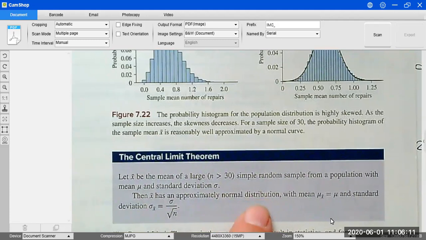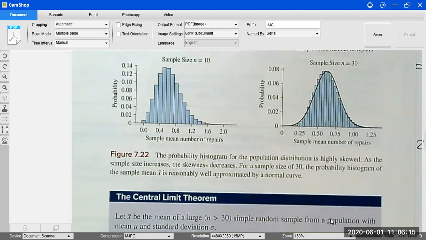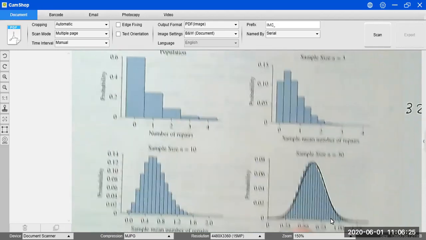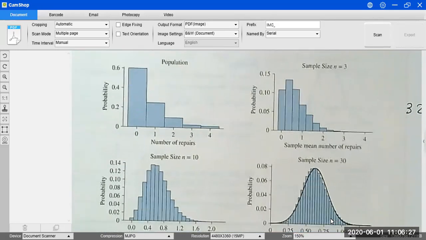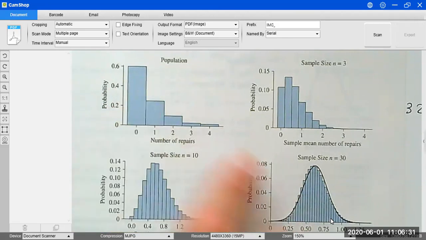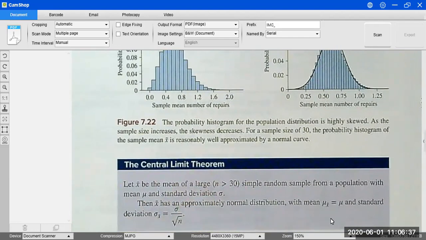That normal distribution is going to have a mean mu for the means equal to mu. In other words, the mean for this distribution is the same as the mean for the original distribution. That's the first important finding of the central limit theorem.